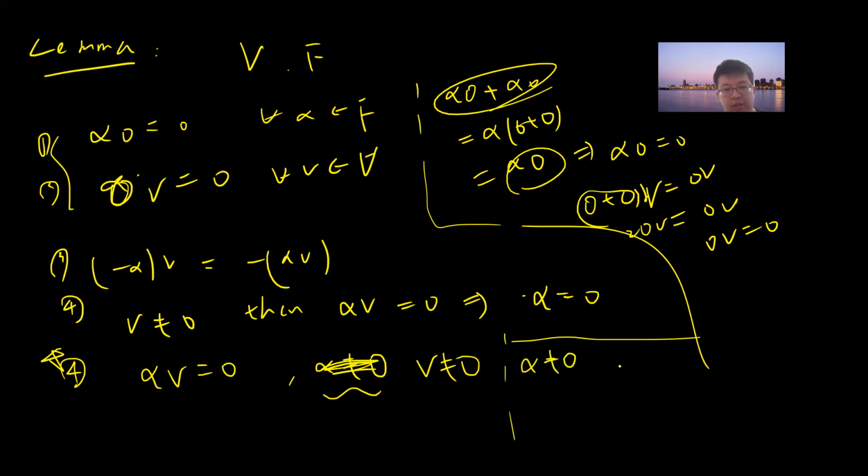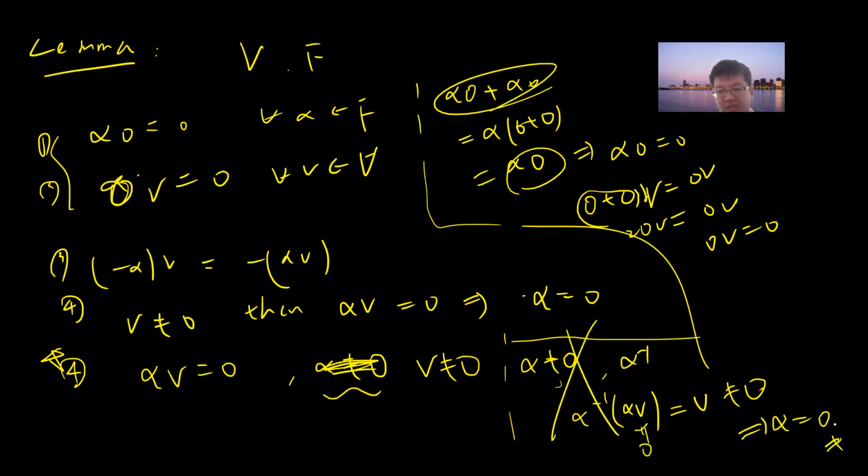Then alpha inverse exists, because this is a field. So you get alpha inverse alpha V is V, but V is non-zero, and this is 0. So that is a contradiction with number 1. So alpha must be 0.